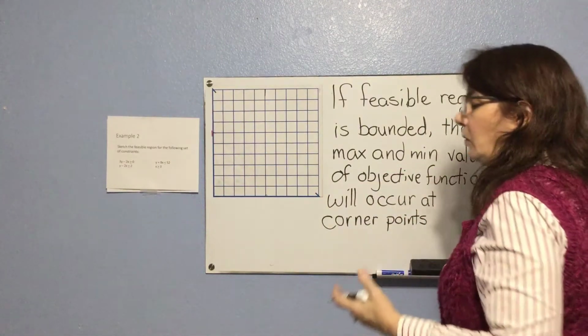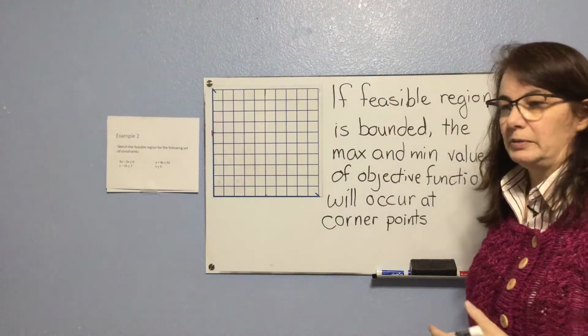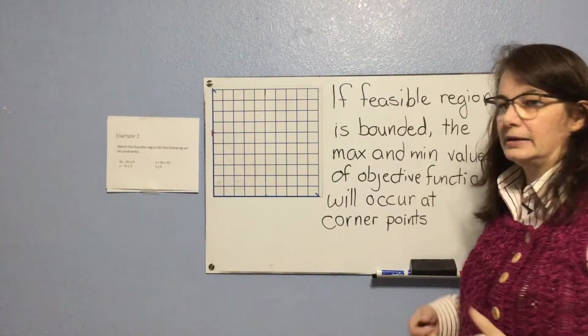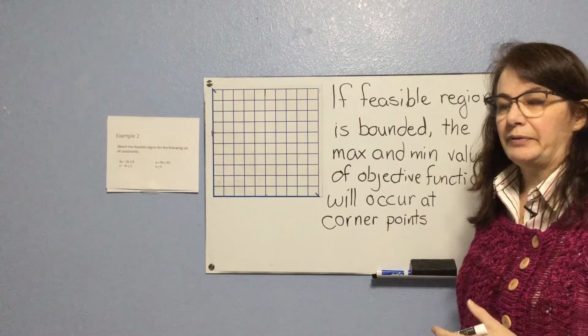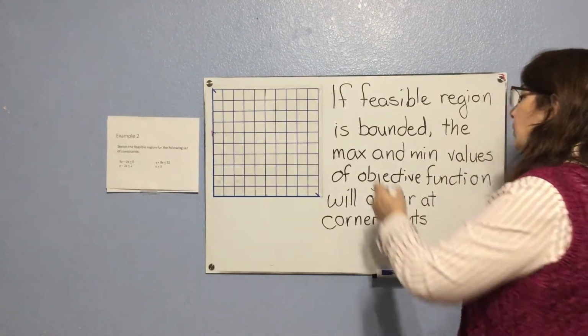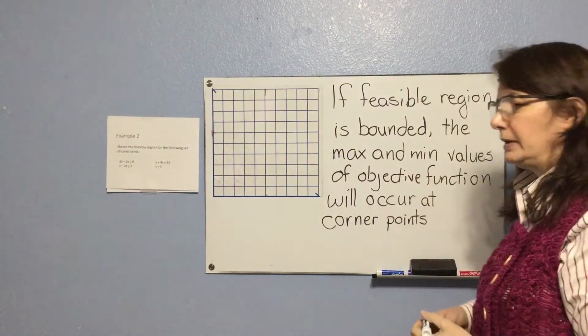So at one of the corners of the feasible region we'll have a max, and at some other corner possibly have a minimum. But this again only works if the feasible region is bounded.